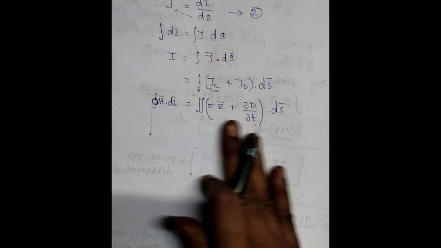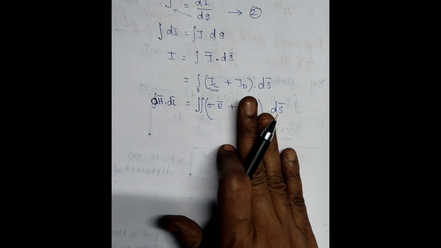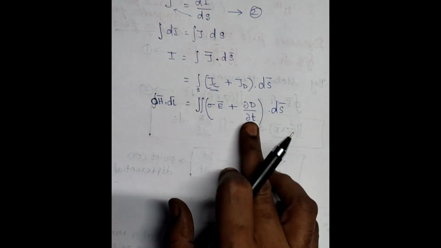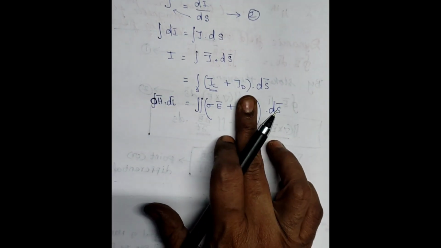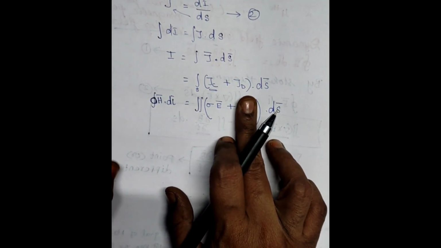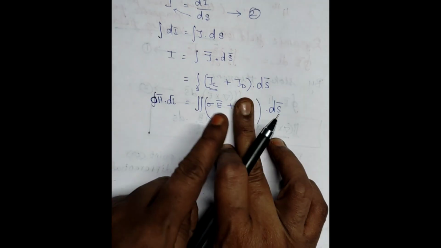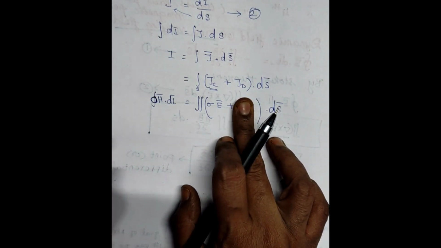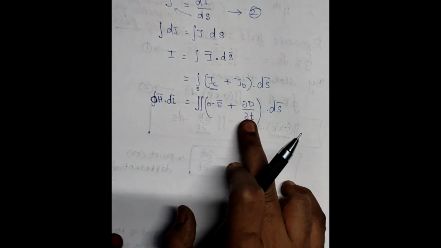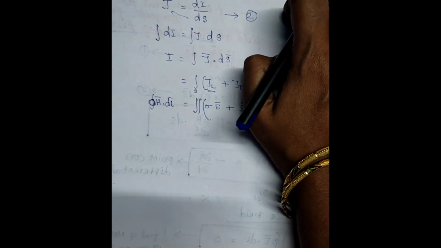So for static field, in the same equation you just take out the time varying term. Here t comes, so you just neglect this term, and this is the same equation without this parameter. This is Maxwell's second equation in integral form for static field. If you consider this element, this is the equation for dynamic field.